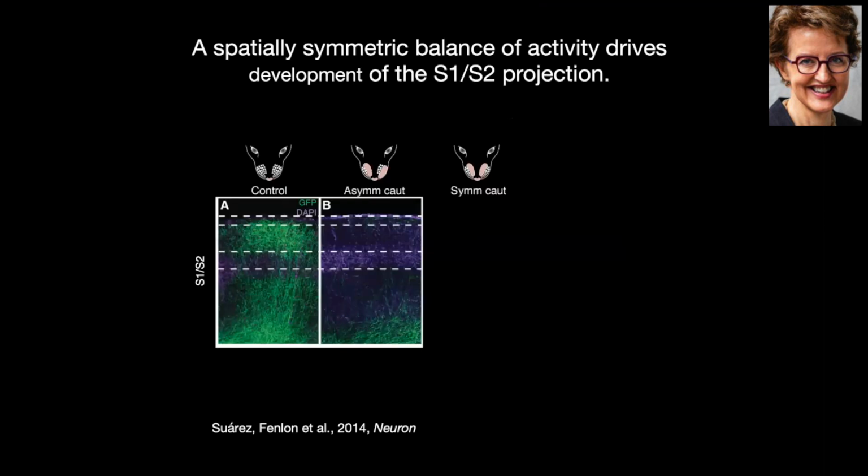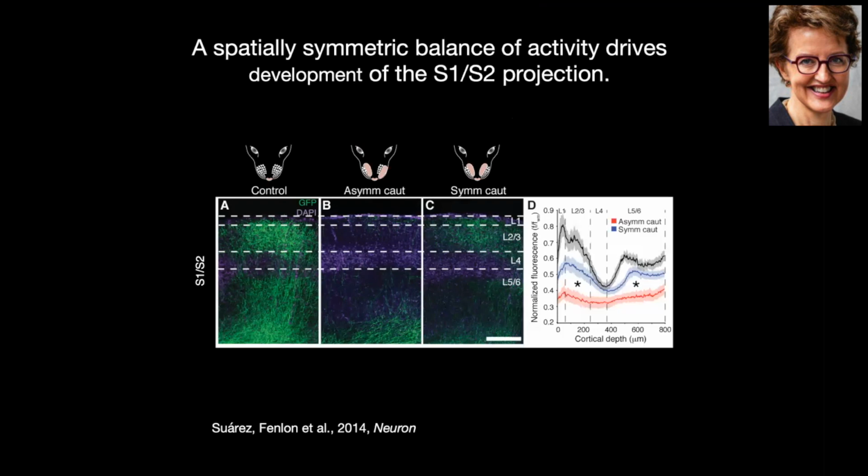So we decided to test this a little bit more by doing cauterizations that might be symmetric or asymmetric on either side. What we found was that if we did asymmetric cauterizations, taking out different whiskers on either side, we got the same effect as unilateral cauterization.